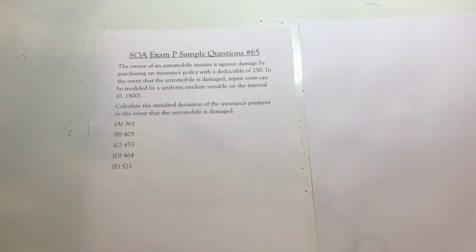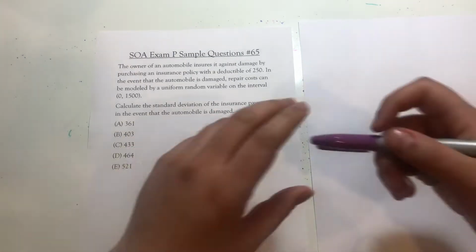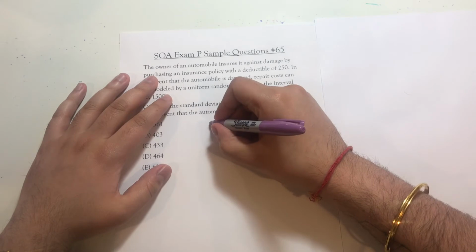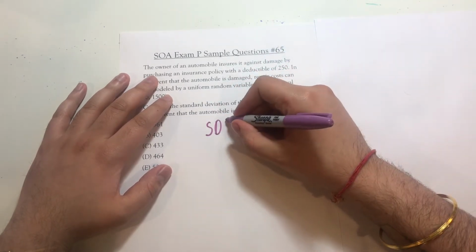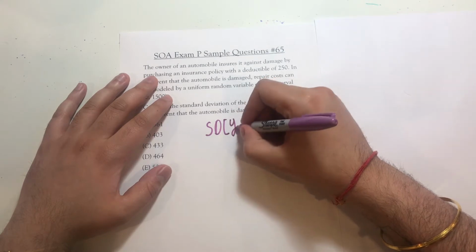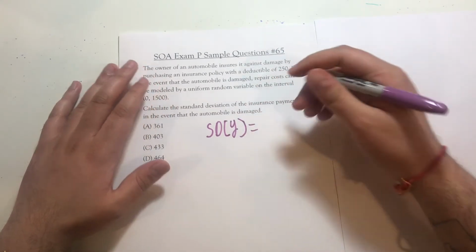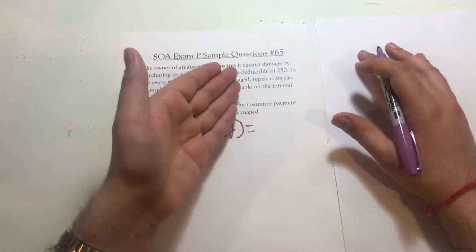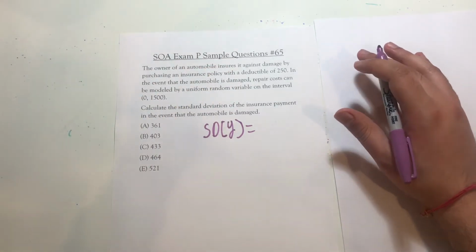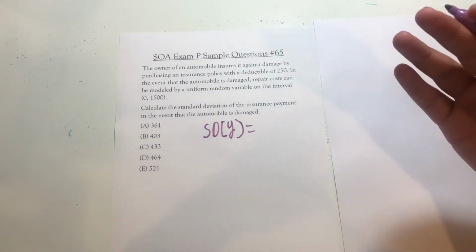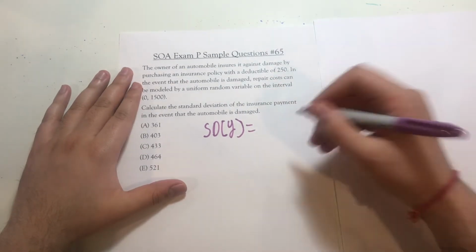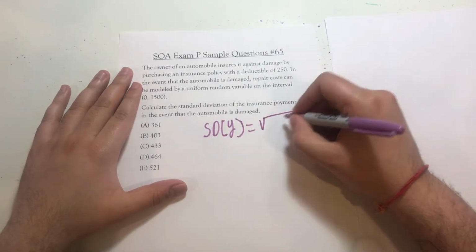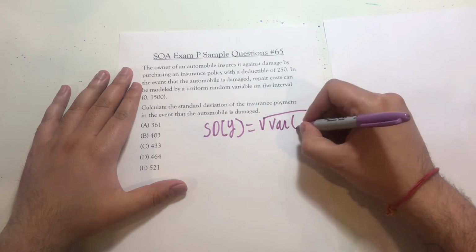We are asked to calculate the standard deviation. So this next setup should be something you're very comfortable with. Standard deviation of some random variable. In this case, I'll call it y, right? I'm going to refer to loss as the random variable x, whereas the payment made by the insurer as y. So we need the standard deviation of y. That's equal to the square root of the variance of y.